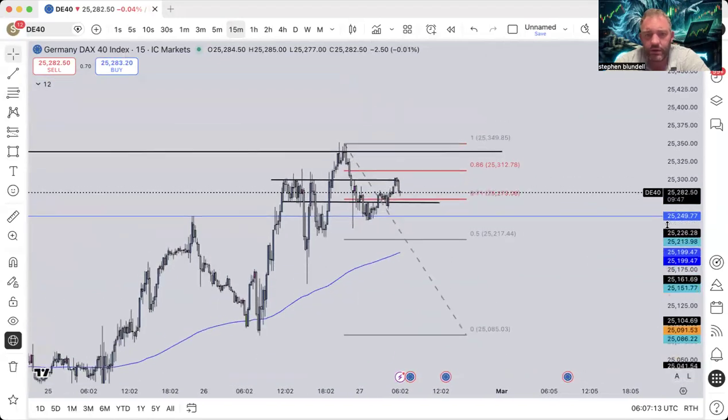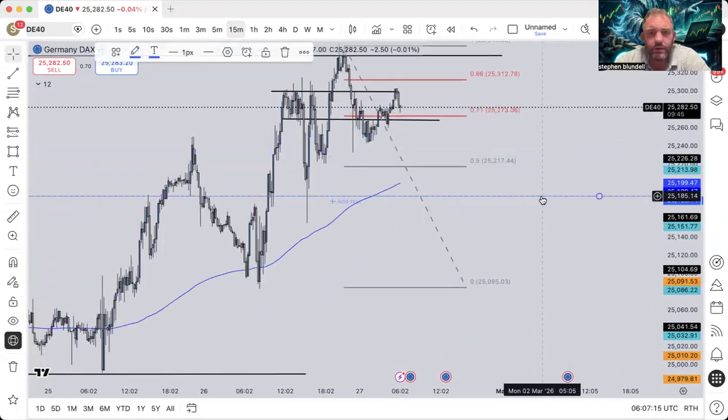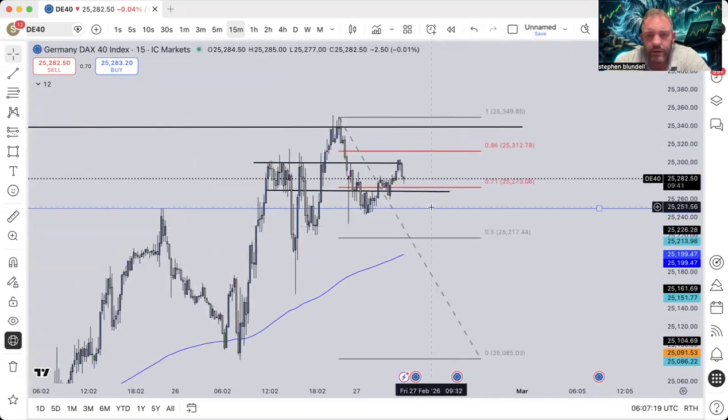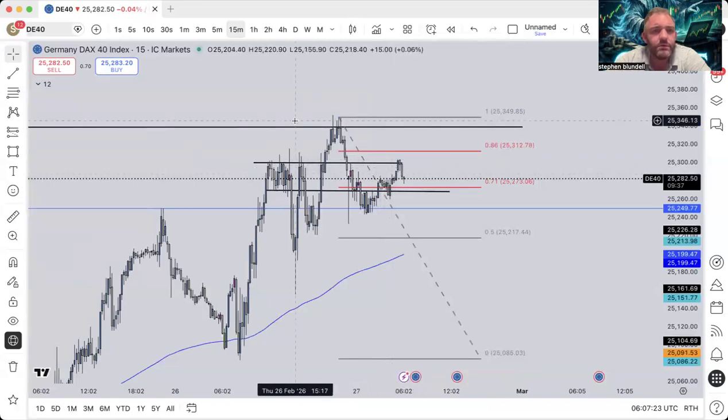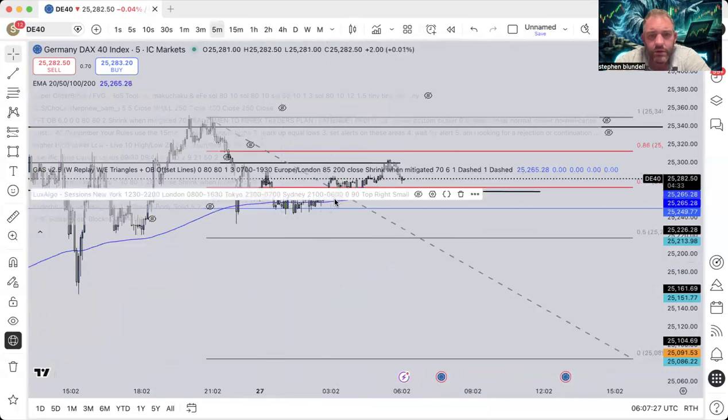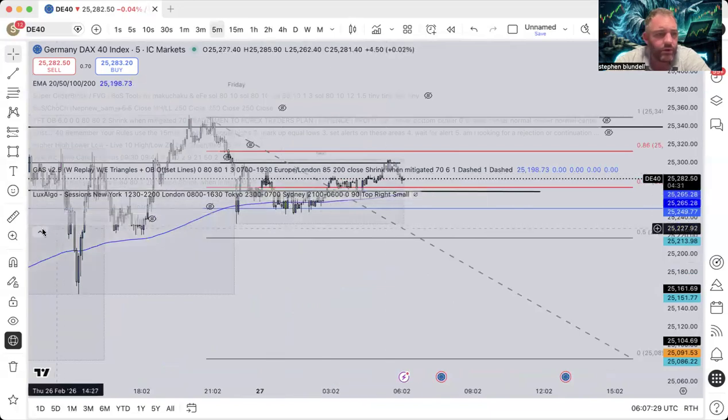Okay, so oops, we are in the perfect zone. So going to five, let's put the session on. Let's see what we do have.